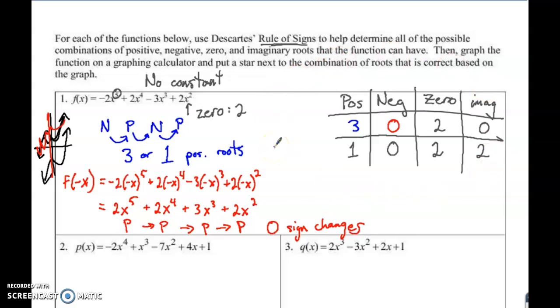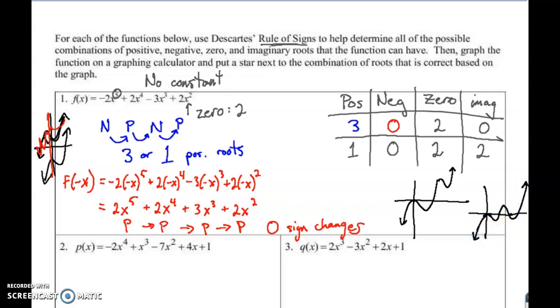Now what they want you to do is go to a graphing calculator, plug it in, and see which one works. I'm not going to do all of that. But what you'll notice is you'll either find a graph that only crosses the x-axis once, or you'll have a graph where it crosses the x-axis and then comes back down and then crosses the x-axis again to make its end behavior.